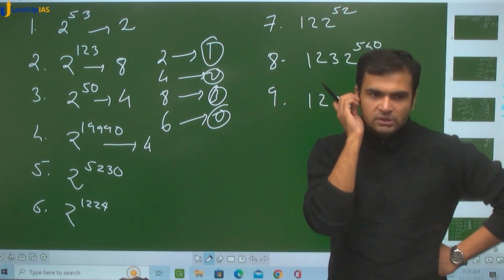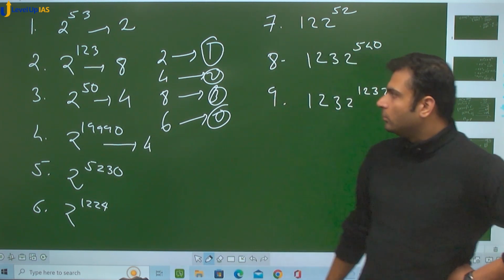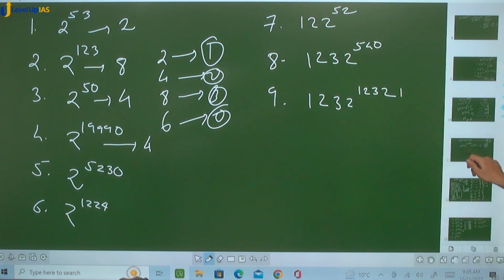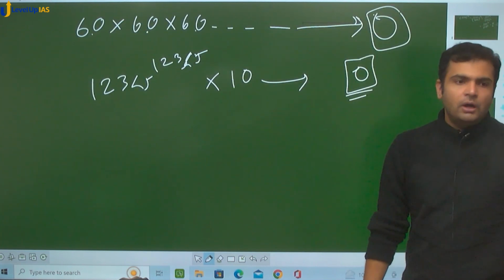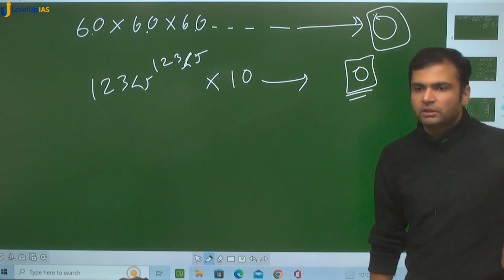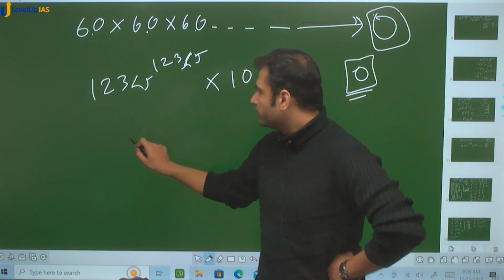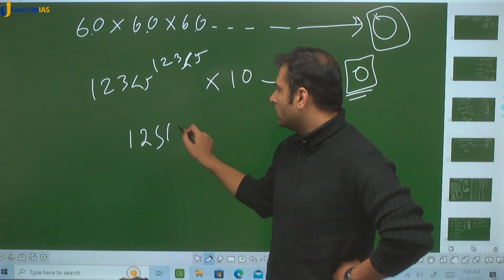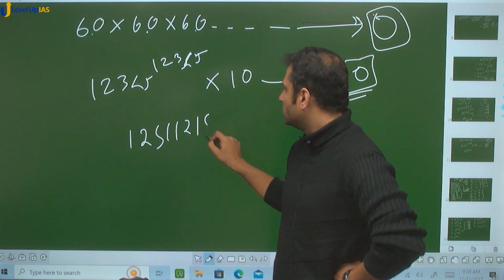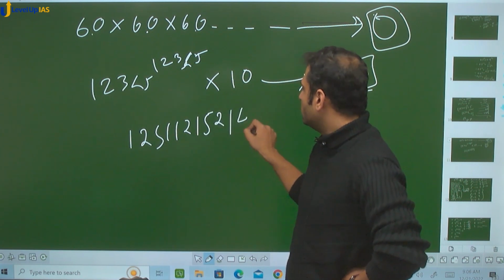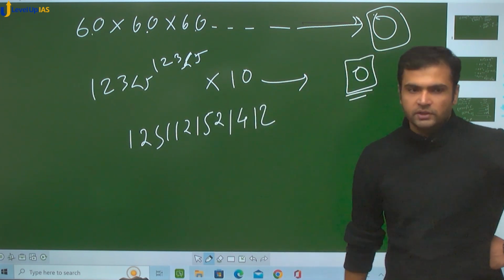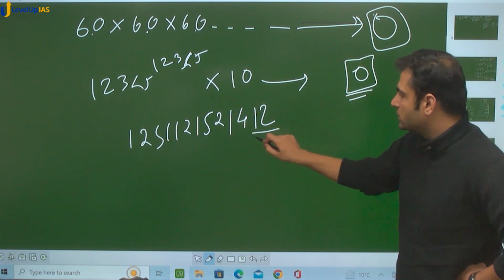We have not studied the divisibility test of 4, but let me tell you. The divisibility test is basically how we decide if a particular number is divisible by 4. Irrespective of whatever number it is, when we want to check if that number is divisible by 4, we just check the last 2 digits.